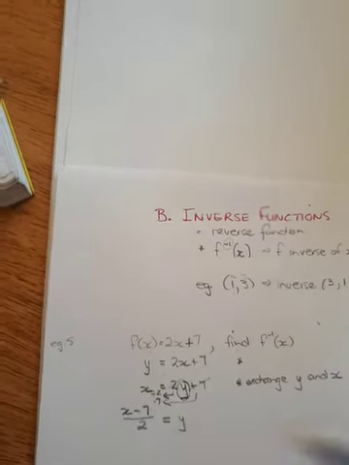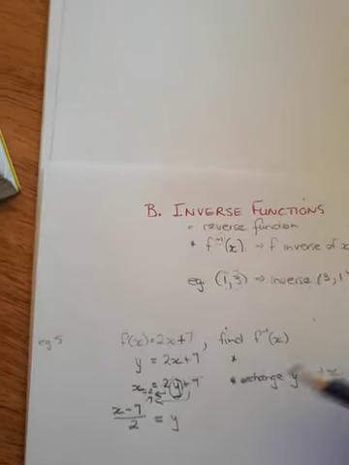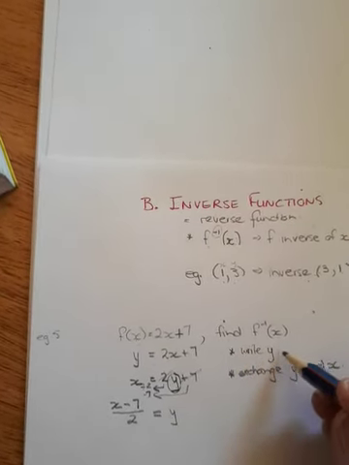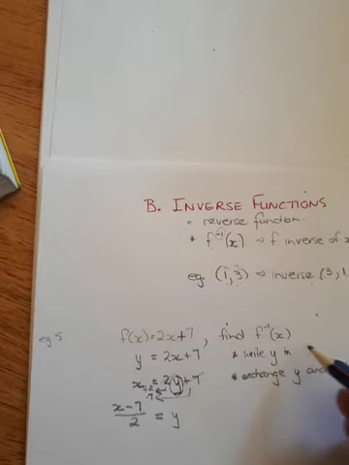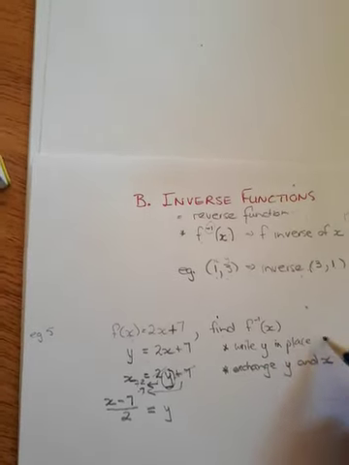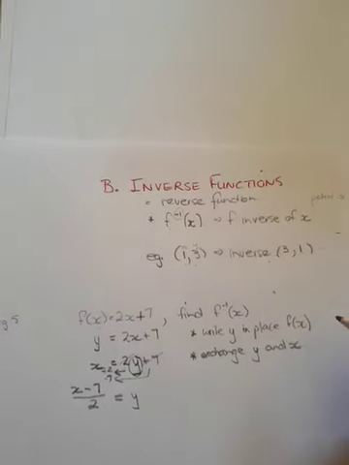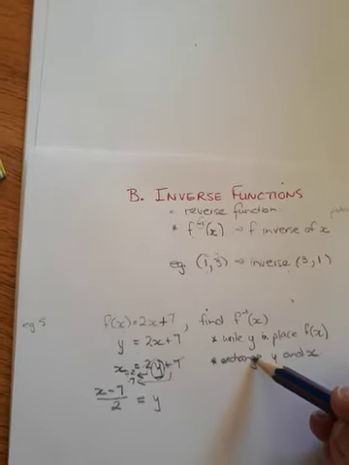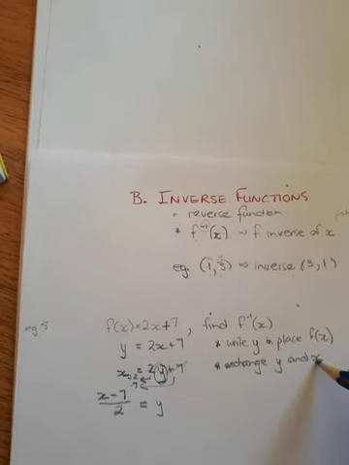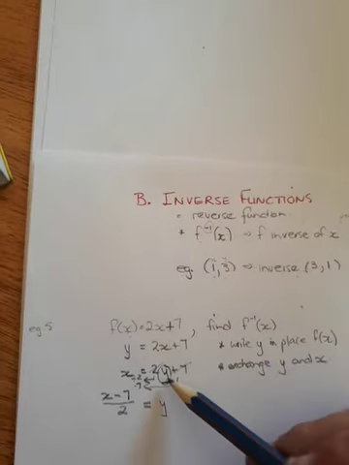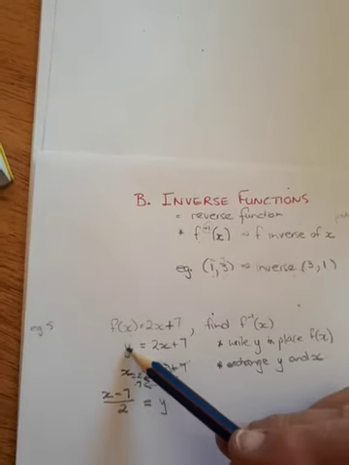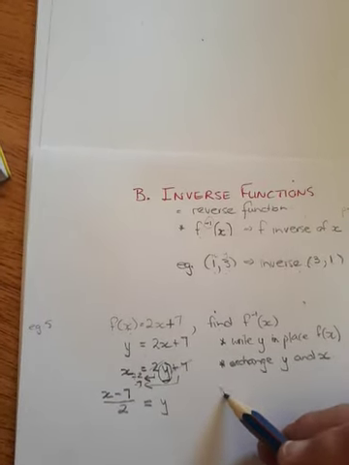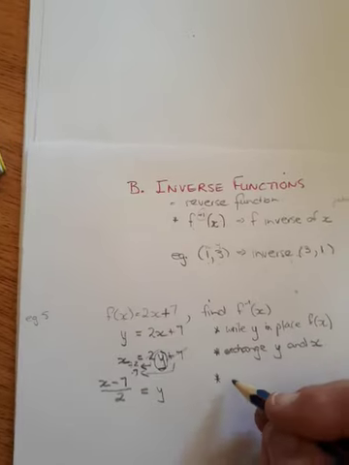All right, I want to go through the steps quickly. Number 1, you write the y in the place of your function, which in this case is f of x. Then the second step, which is the important step, you exchange x and y. Exchange means at the place of x you write y, at the place of y you write x. Okay, and thereafter you must change the subject of the formula.